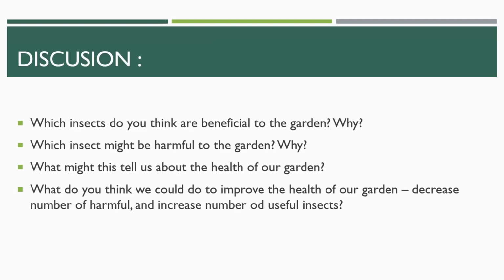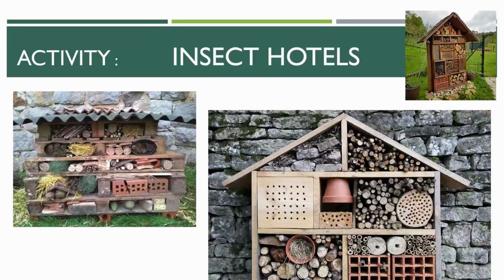Decrease the number of harmful and increase the number of useful insects. You can lead them so that they come to the conclusion that we need to build a home for the good insects, because that's actually our next activity, building insect hotels.